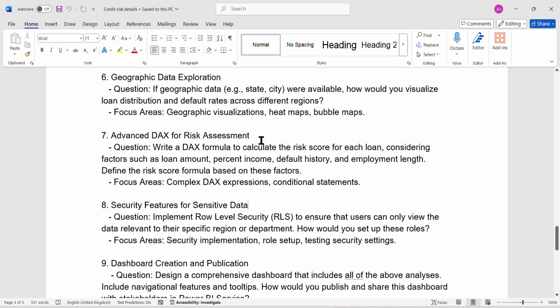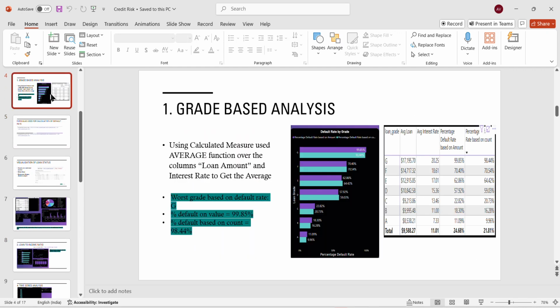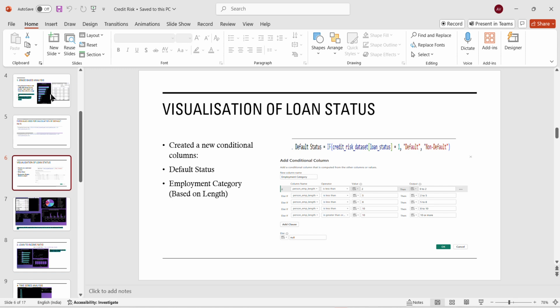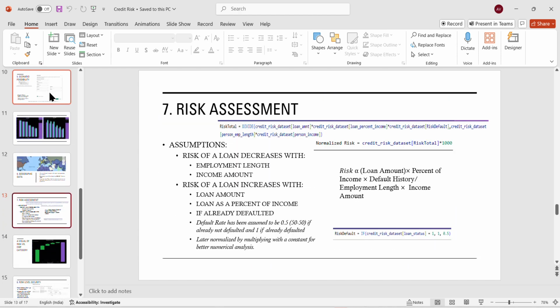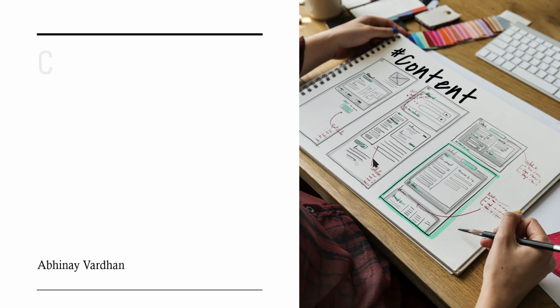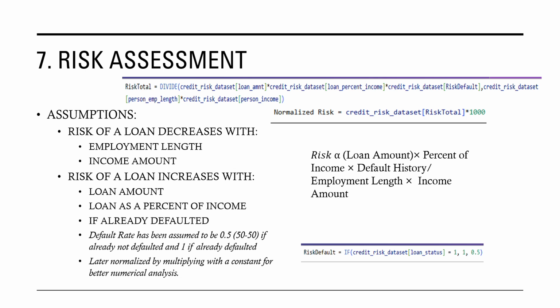Now suppose you want to think of risk, we don't have the exact formula. So if I want to construct a formula, my risk value here is generally proportional to the loan amount.